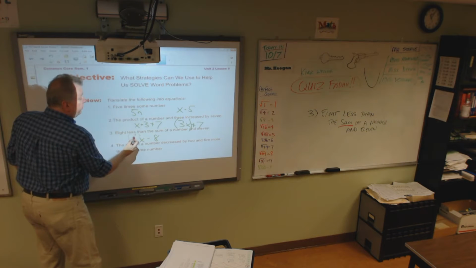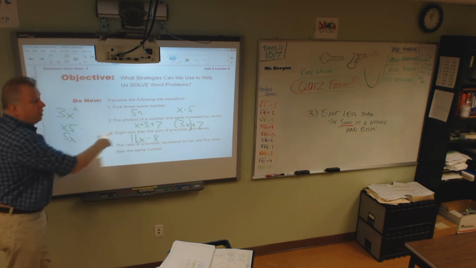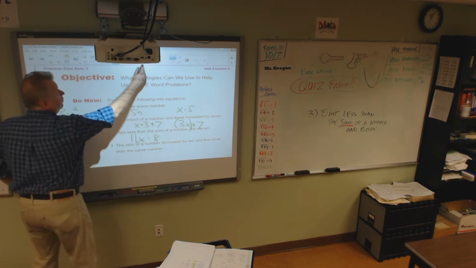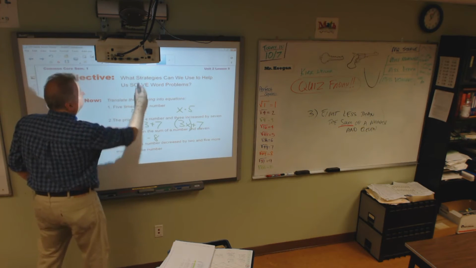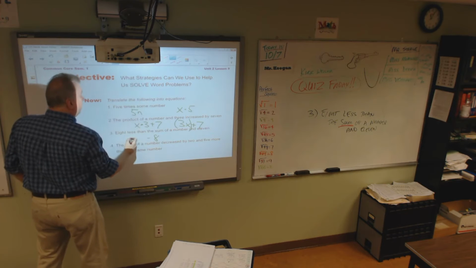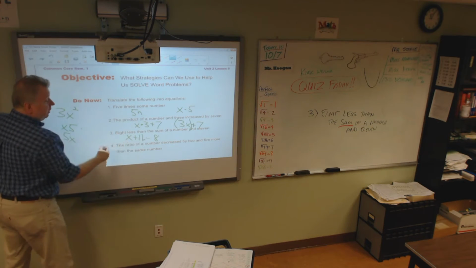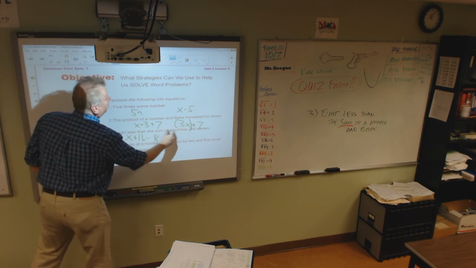All right, but we're also missing something here. What does sum mean? Add. So instead of 11 times x, what does that have to be? Plus. So I'm just going to write the x first. Again, it's not essential. Minus 8. So here's the sum of x and 11, or the sum of a number and 11.